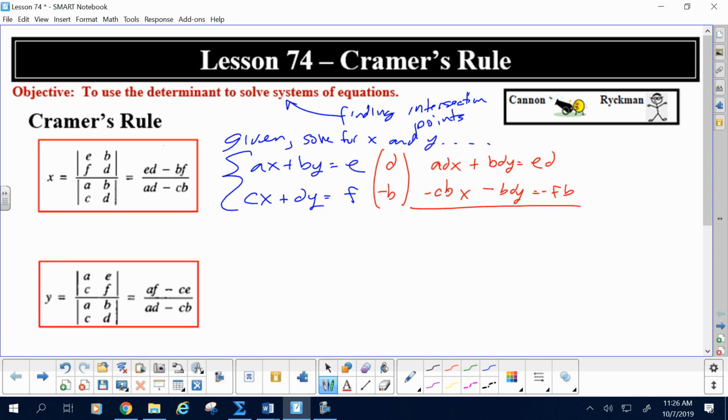So then if I add straight down, I get adx minus cbx, the y's go away, and I get ed minus fb. All right. If I then extract the x, then x is factored out, and I get x is ed minus fb over ad minus bc, or cb, whatever you want. With me?